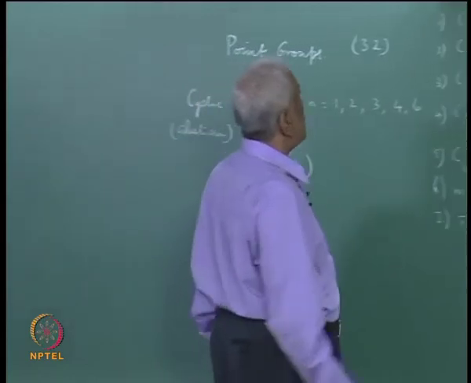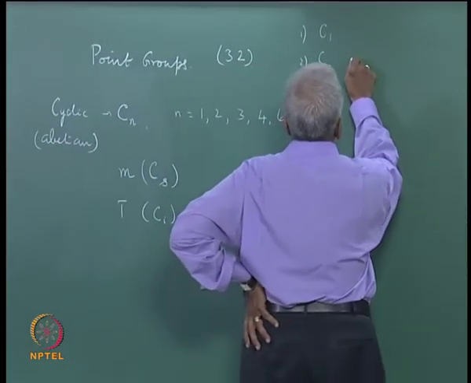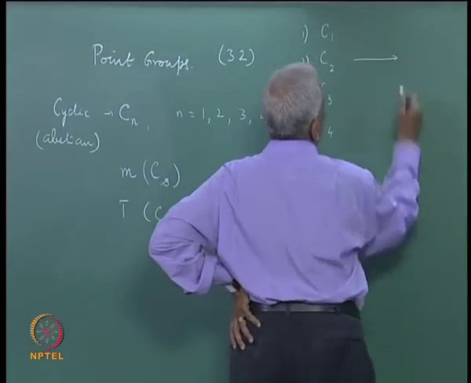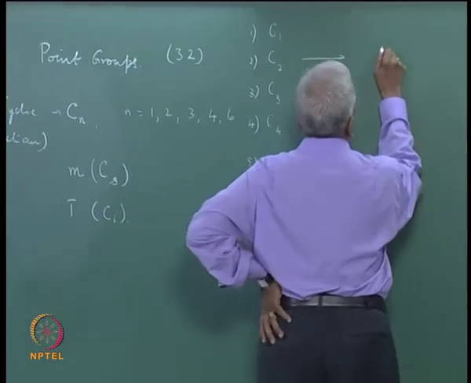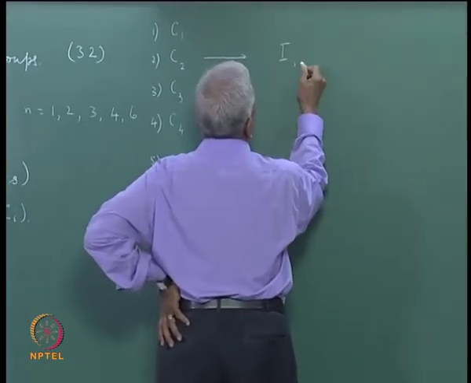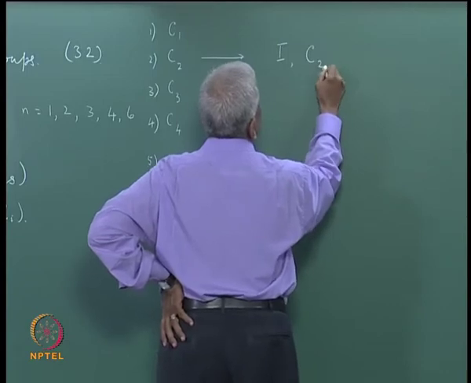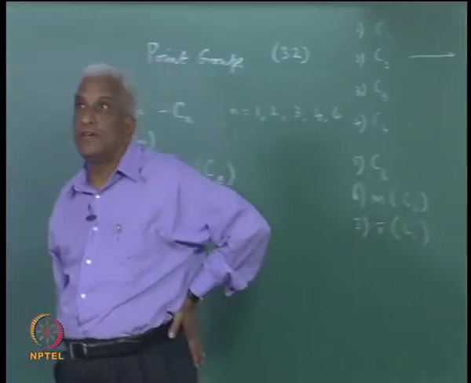So, for example, if you take the point group C2, the elements are the identity element and then the C2.